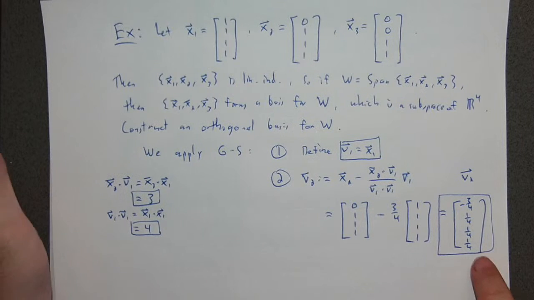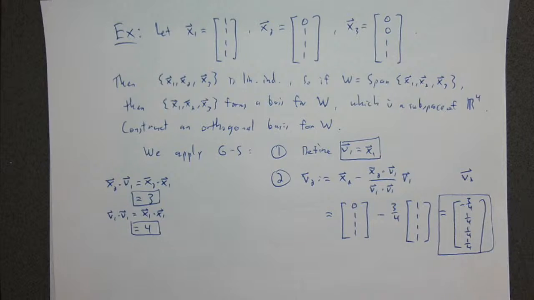Now, what do you notice about this vector? Well, this vector is terrible. I mean, okay, they're rational numbers. It's not that bad. They're not really, really bad numbers, but for computation's sake, doing this by hand, this is terrible.